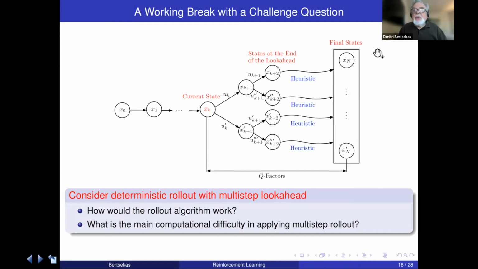So if you wish, you can think about how to implement deterministic rollout with multi-step look ahead. We've looked at one-step look ahead minimization so far. Multi-step look ahead involves generating all the states at the end of the look ahead, running the heuristic after that, calculating Q factors, selecting a control, and so on. And also think about the computational difficulties in this kind of scheme.